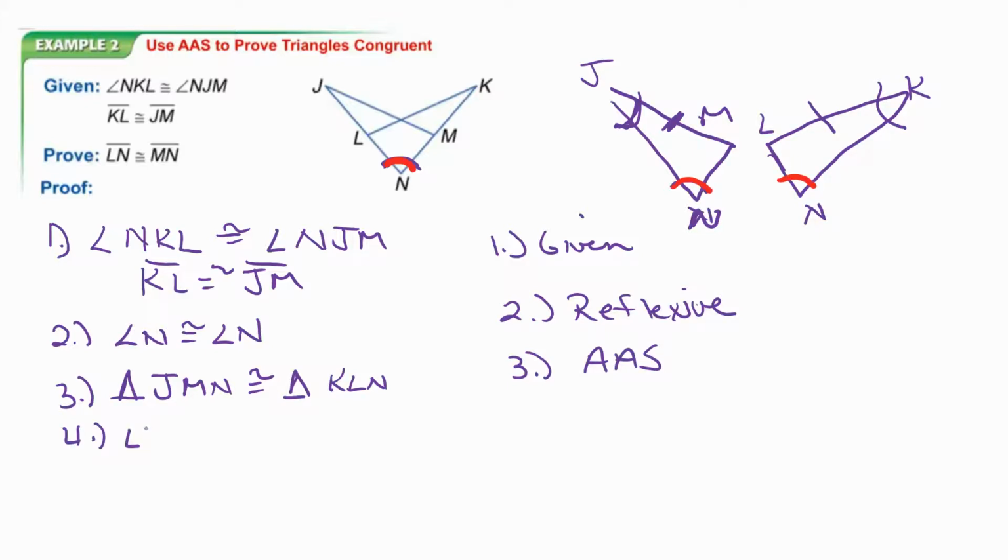And then we can conclude that segment LN is congruent to segment MN. This was not mentioned in the proof itself, but is something that since the triangles are congruent, we know all the corresponding parts are congruent. So corresponding parts of congruent triangles are congruent, CPCTC.